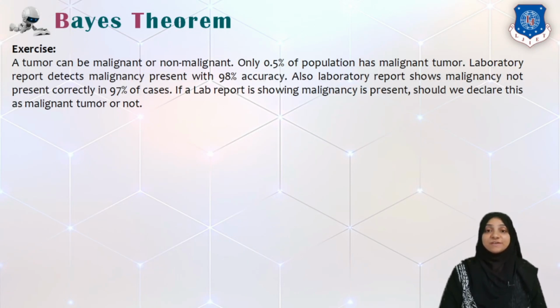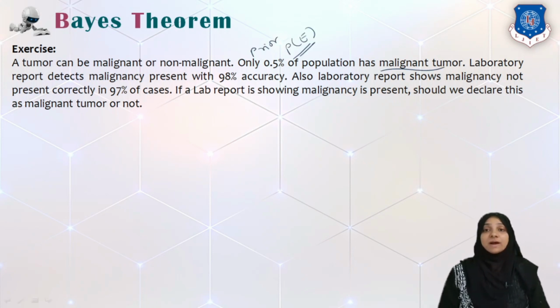One exercise is given to you. This exercise states that there is a tumor which can be of malignant type or benign type, that is, non-malignant. That is, it can be harmful or it cannot be harmful. Only 5% of the population has a malignant tumor. So this value is your prior information.